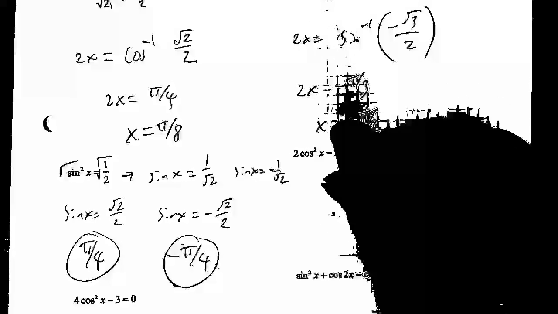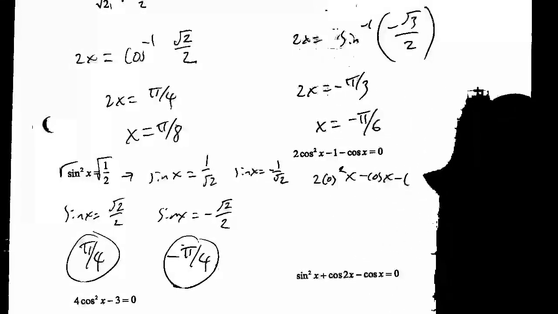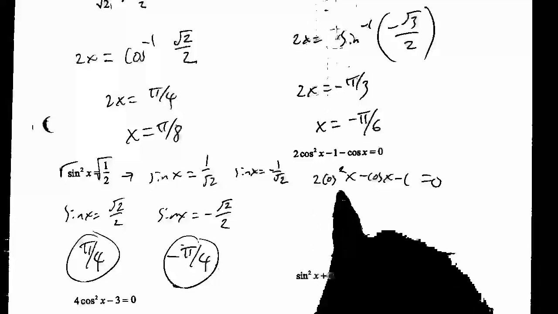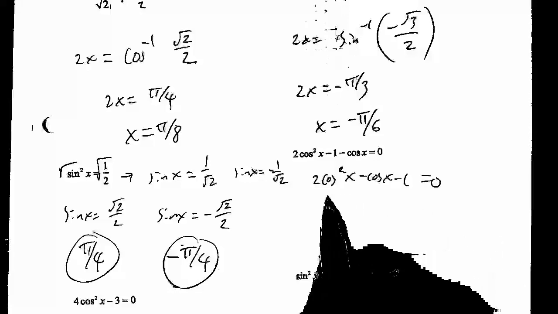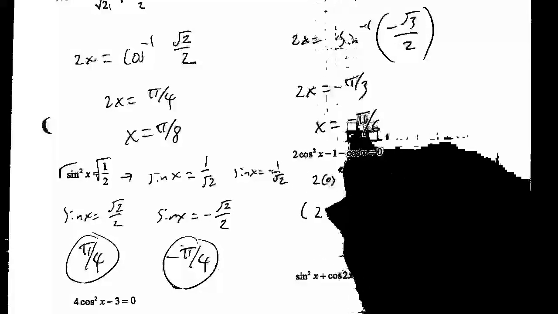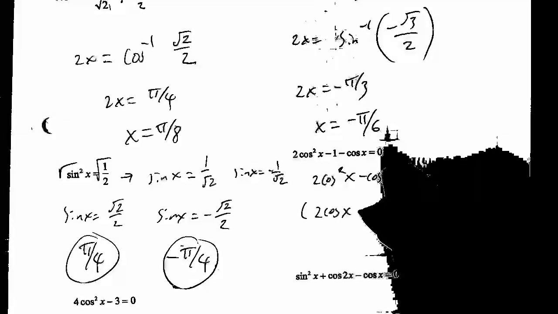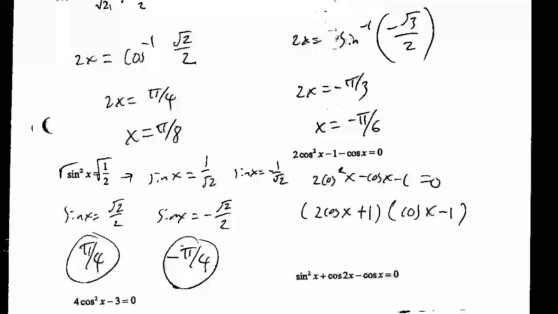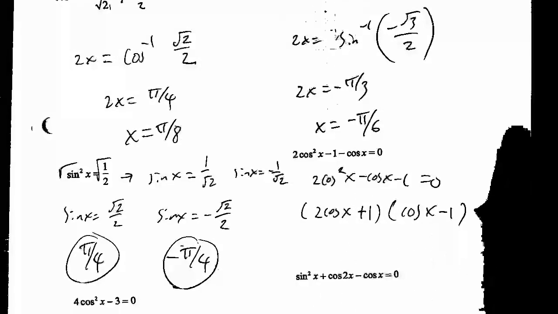Next one. This is a quadratic. 2 cosine squared x minus cosine x minus 1 equals 0. You factor this. See how it kind of looks like a trinomial, like 2x squared minus x minus 1? That's basically what we do. We think of this as an x squared and an x and factor it. So this would be 2 cosine x plus 1, and then cosine x minus 1. These two will multiply to get this. So remember, this equals 0.